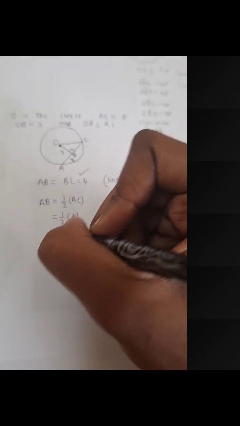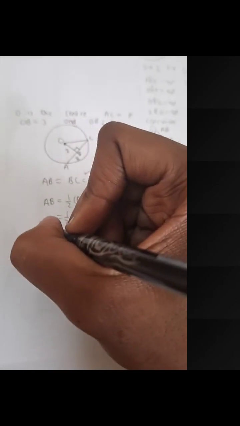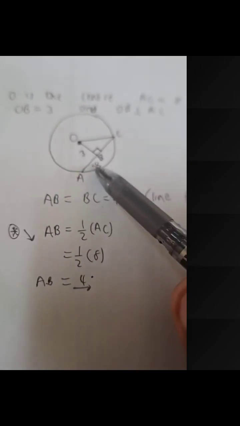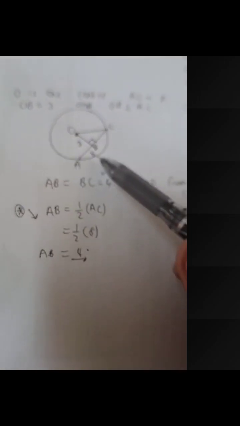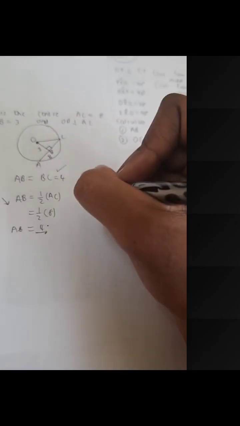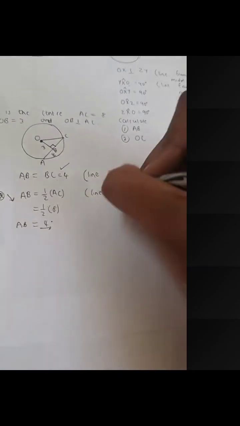That means the answer there is 4 units. Okay? This would be a nice alternative way. So what I've just done here is simply use the algebraic approach. AB obviously is equal to half of AC because this reason is very much applicable.